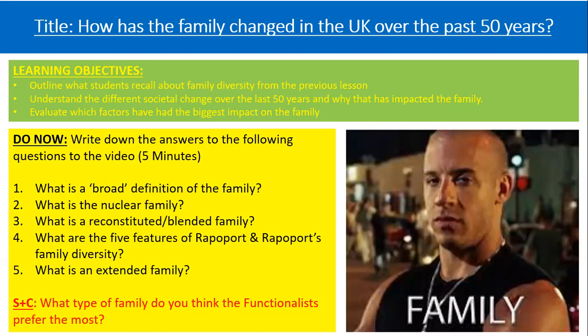And finally, what is an extended family? An extended family is essentially a bit like the nuclear family. You've got mother, father, and children, but you've also got less immediate members within your family. So that might be your uncle, your aunt, your grandparents.